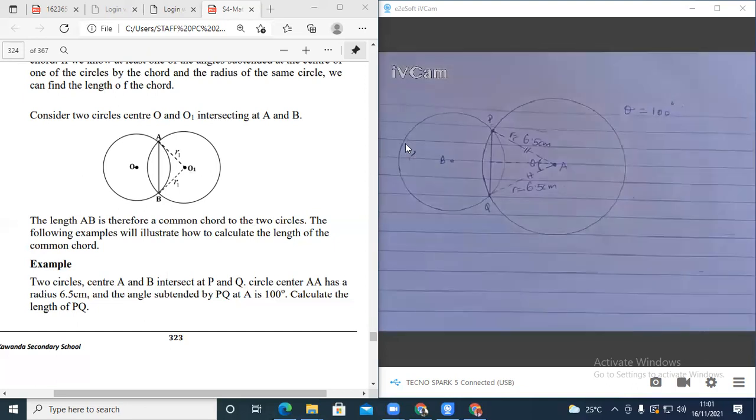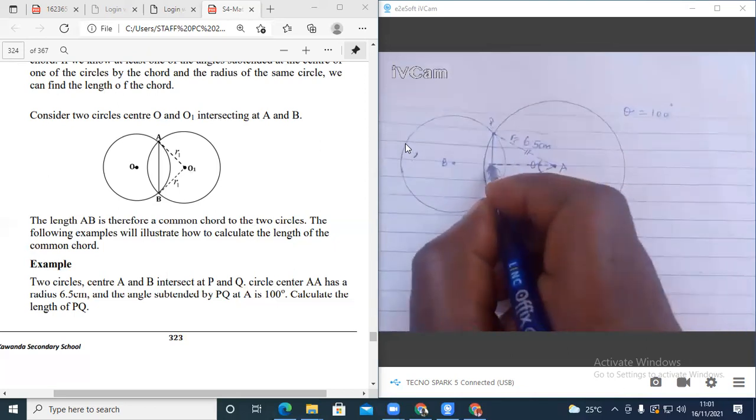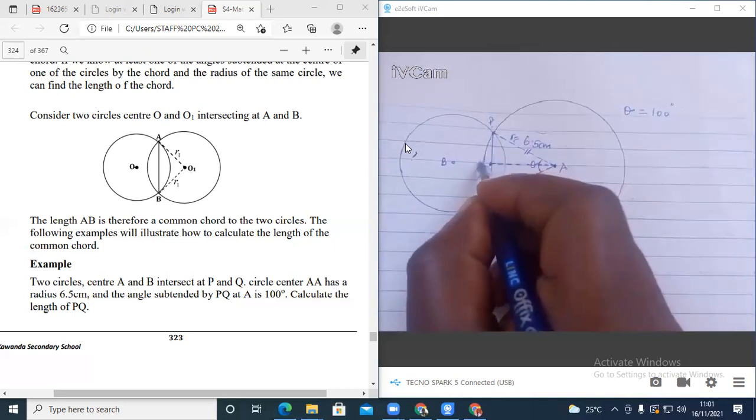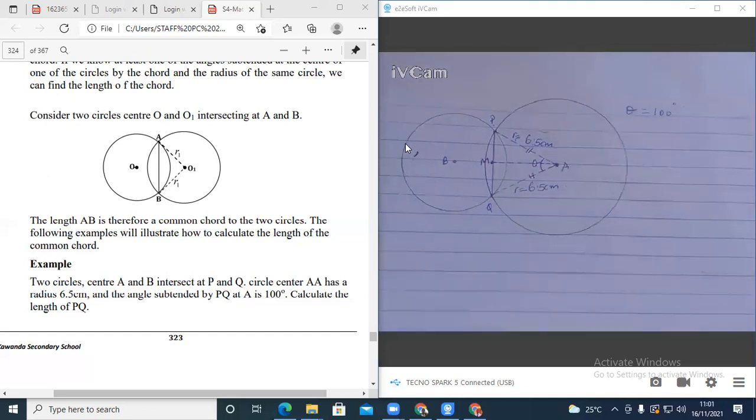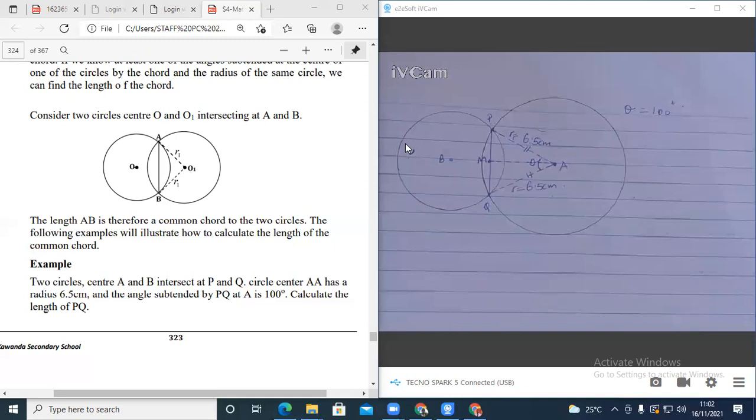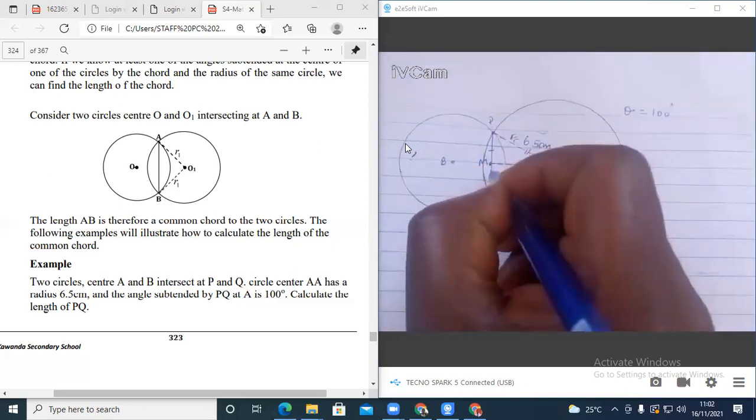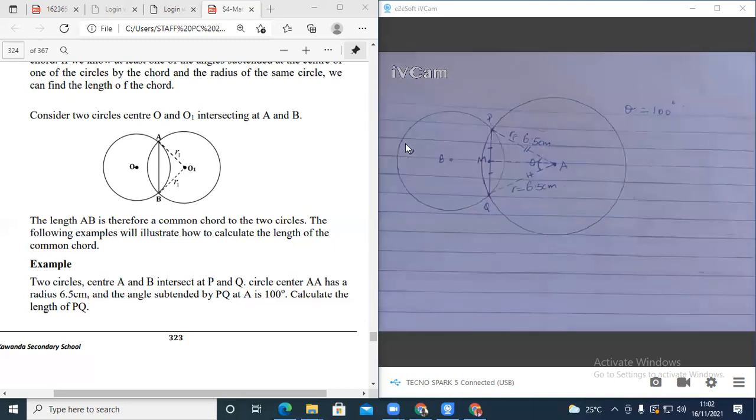This line meets the chord at point M, the midpoint. So that midpoint is the center of PQ, which means this distance here is the same as this distance here, like that.